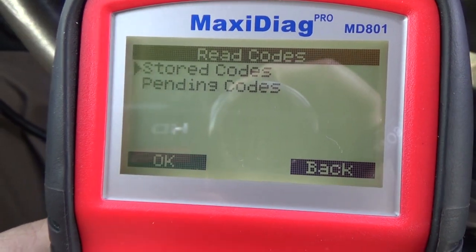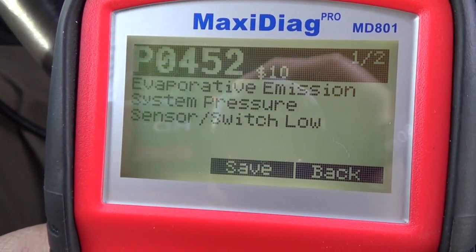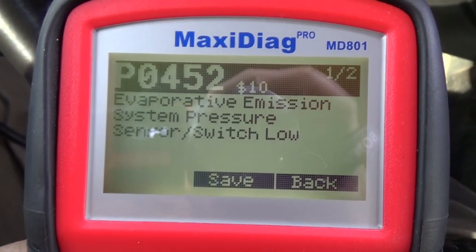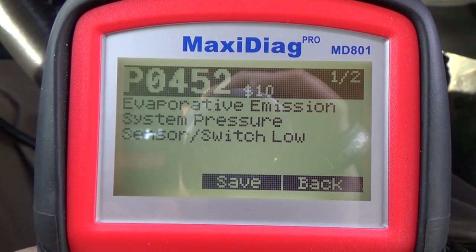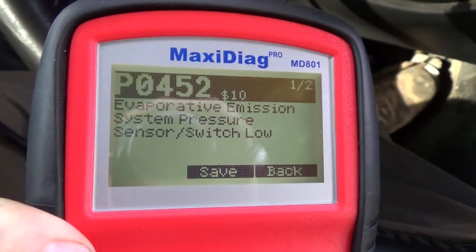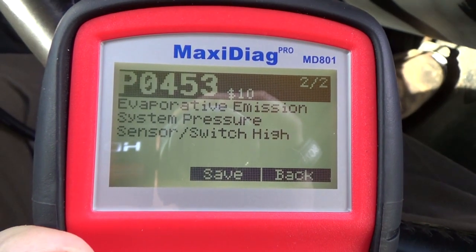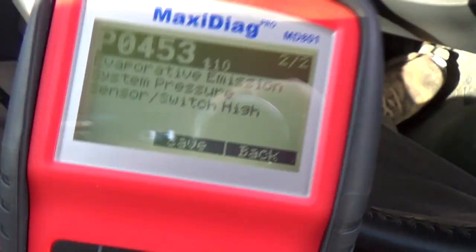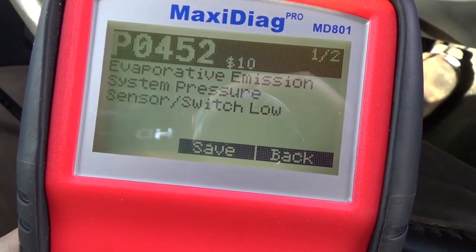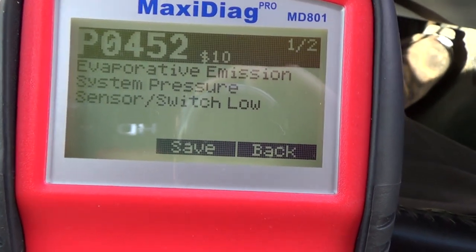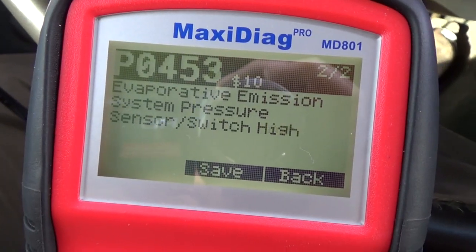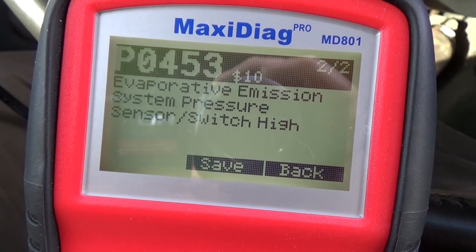Poor thing is really cold. So, evaporative emission system pressure sensor low, and evaporative emission system pressure low. Measurement system pressure switch high.